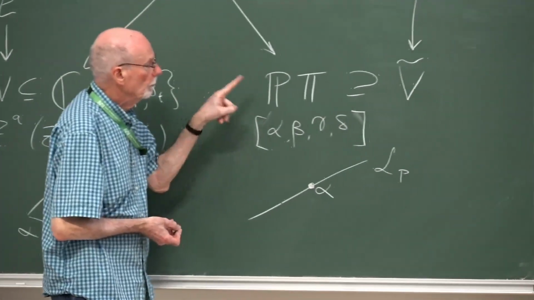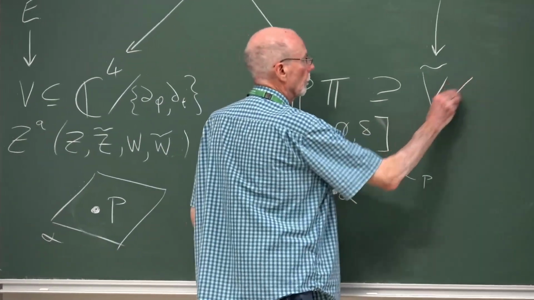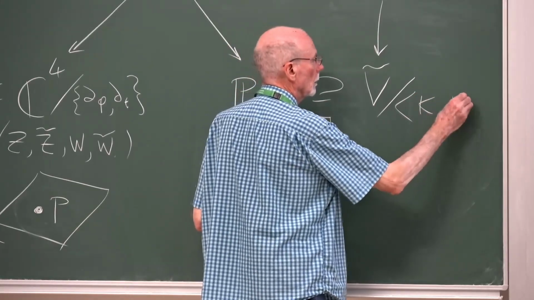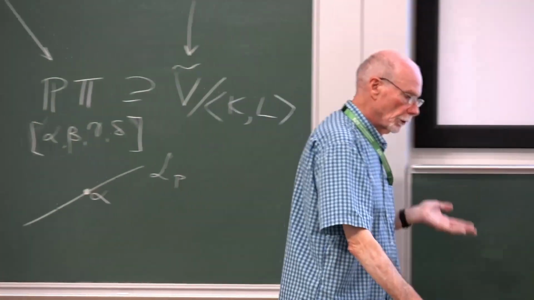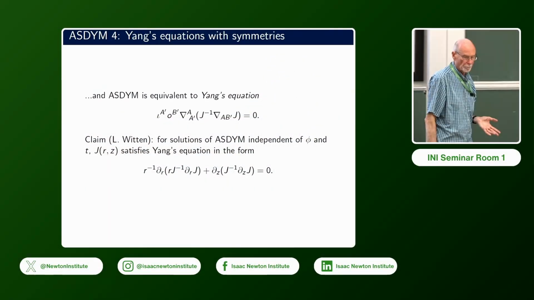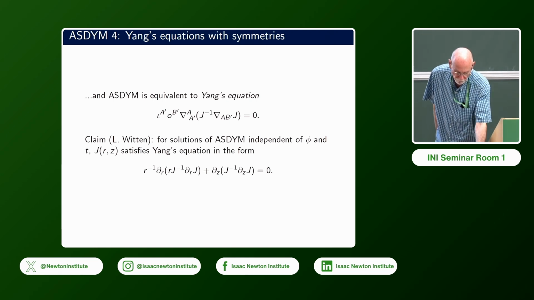And you ought to be able to play the same game over here, and you can factor this by, let's call them K and L, vector fields which correspond to the Killing vectors on space-time. And you'd like to be able to factor it by that.